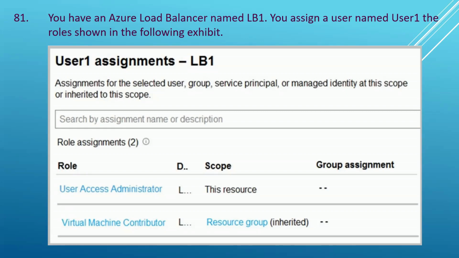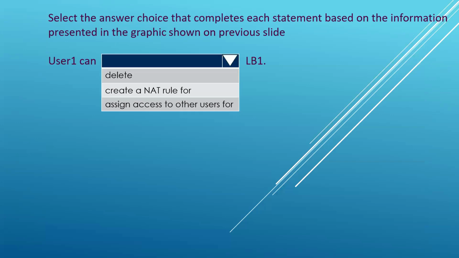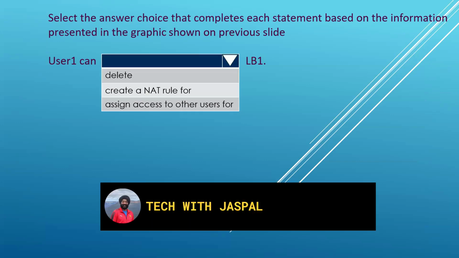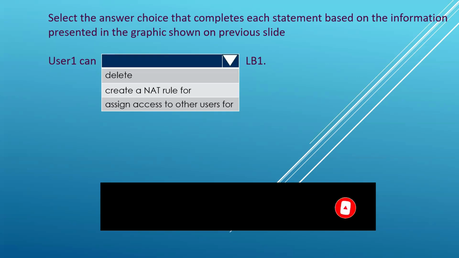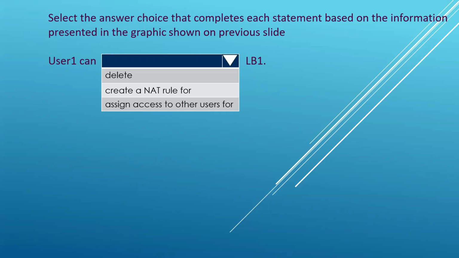Keeping this in mind, let's look at next part of this question. Select the answer choice that completes each statement based on the information presented in the graphic section on previous slide. User1 can dash LB1. So the first role was user access administrator.